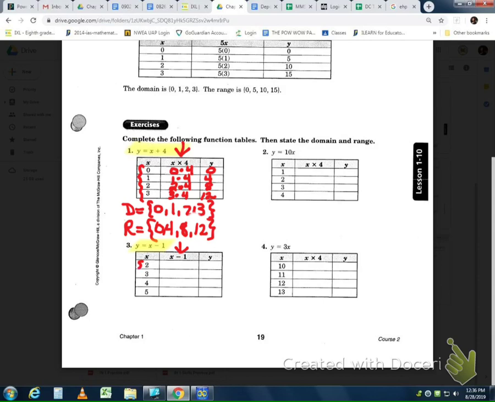Kyler, here is the input, 2, 3, 4, 5. So what are we going to do? It says x minus 1. And the first one, what's the first input? 2. So put that in place of x in the middle column.